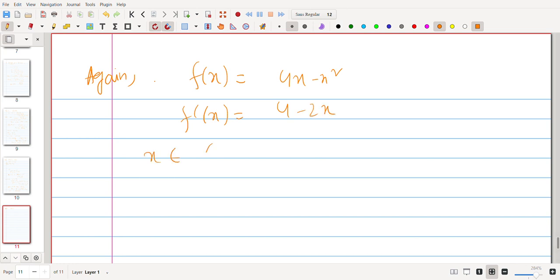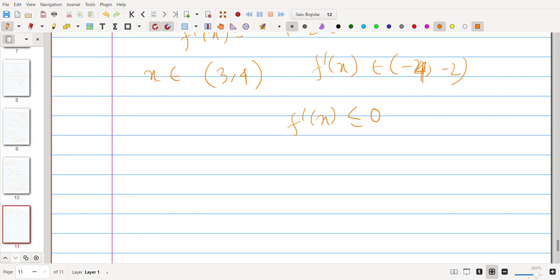Now for x belongs to 3 comma 4, f dash x belongs to, sorry, minus 4 comma minus 2. That means f dash x is less than or equal to 0. That means f is monotonically decreasing on this interval.